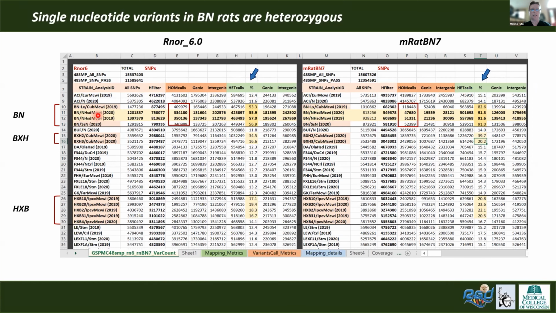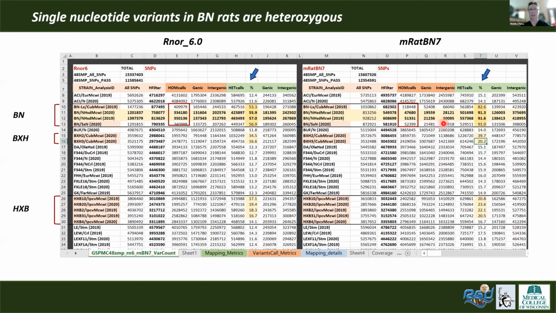We can see that for the other Brown Norways, when comparing between the 2 assemblies, we've got a huge drop in the homozygous calls. So basically what we've got left to look at closer is the Brown Norway heterozygous variant calls, which can help us resolve problematic regions still present in the new reference.